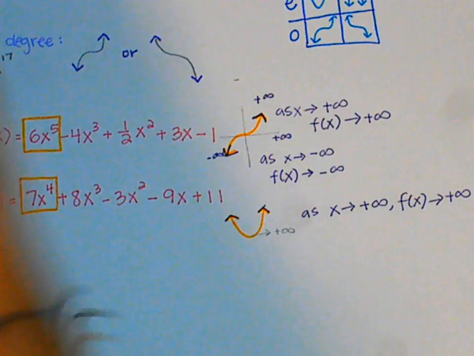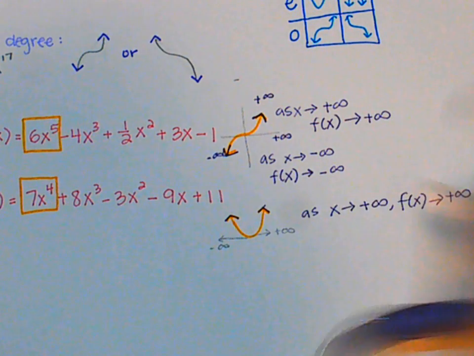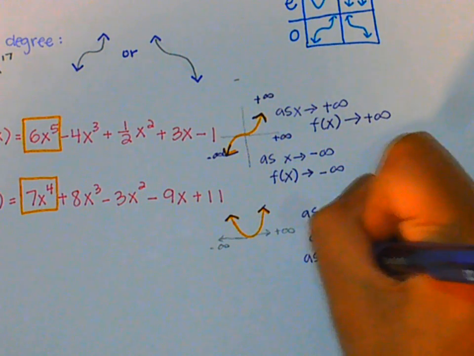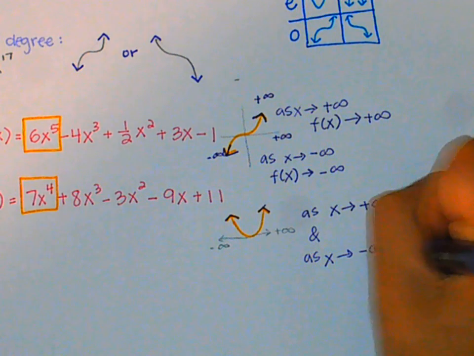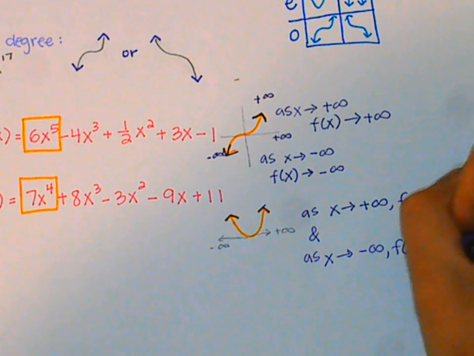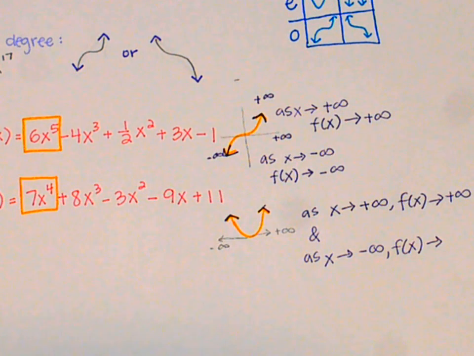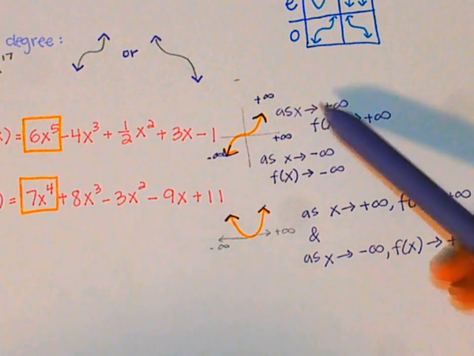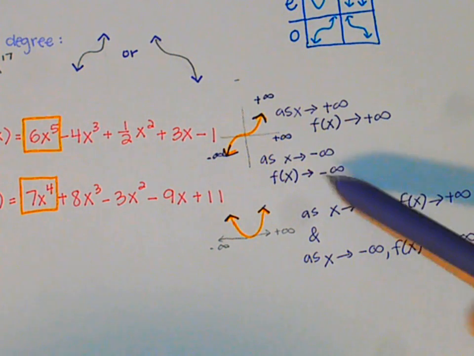Now, as x approaches negative infinity, meaning it goes on the left side of it, my graph still goes to positive infinity. So in this one, you notice that as it goes to positive, it goes to positive, and as it goes to negative, it goes to negative.